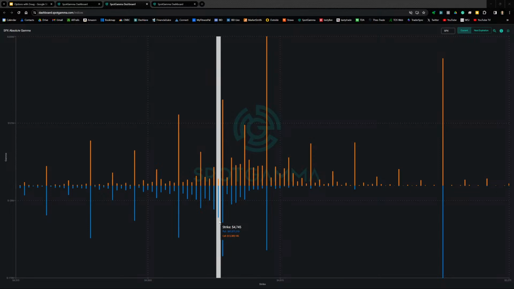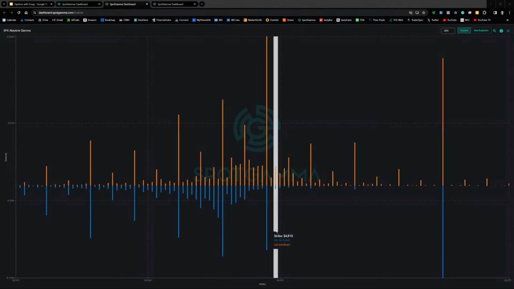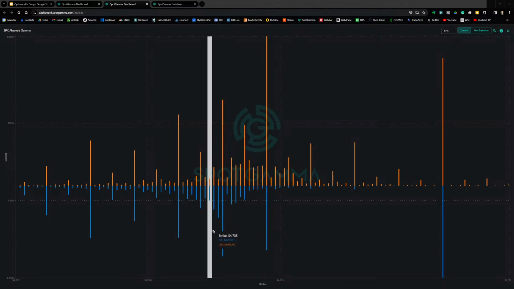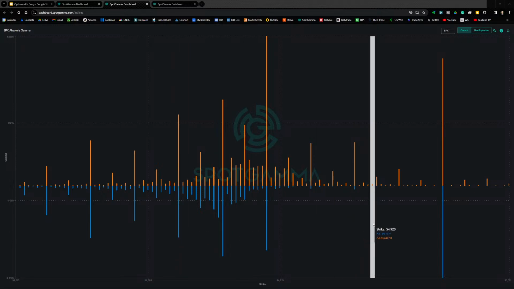So the blue bar minus the orange bar gives you the largest value of net negative gamma, although there's, of course, obviously much larger put gamma at the zeros and the 50s levels: 4,800, 4,750, 4,700, etc.